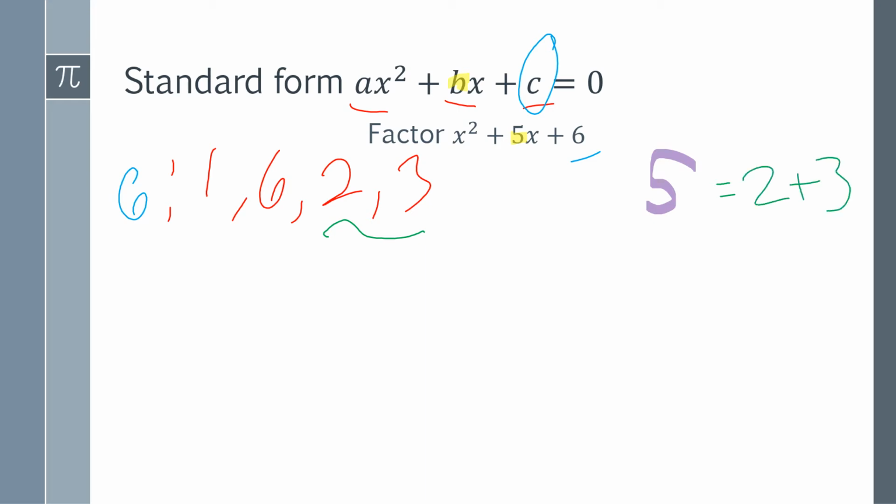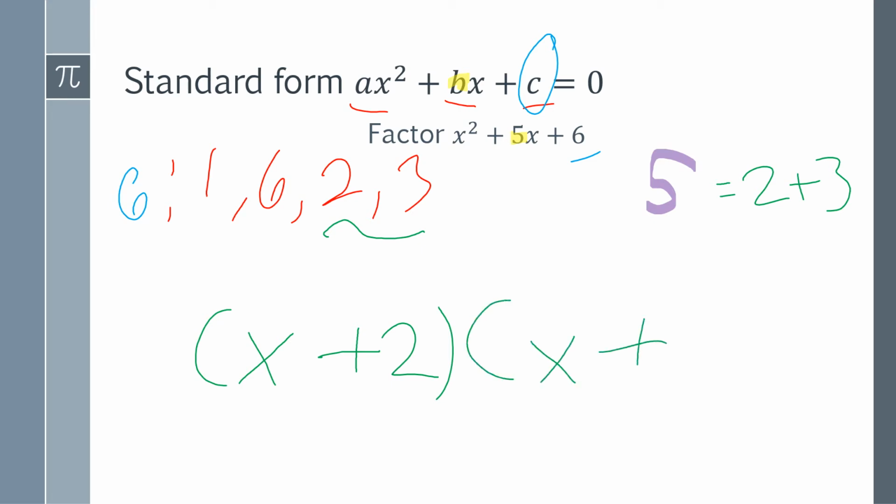But 2 times 3 is also 6. So once you get that, you just have to write it in factor form, which is x plus 2, x plus 3.